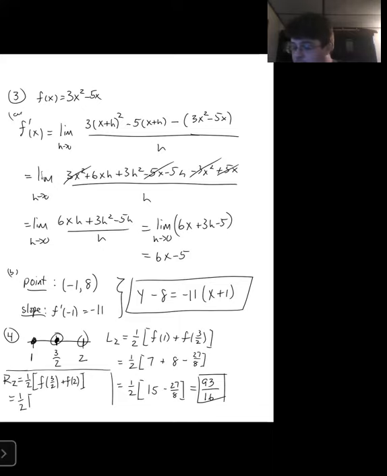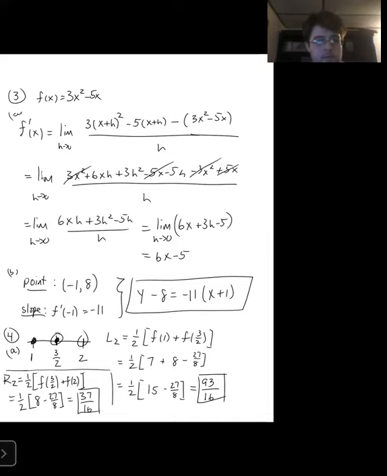A half. f of 3/2 is 8 minus 27/8. f of 2 is 0. So that's 64 minus 27, yes, 37. 37/16. And this was part A. And remember, you did have to do only one of those two.